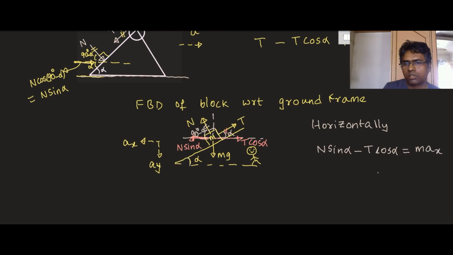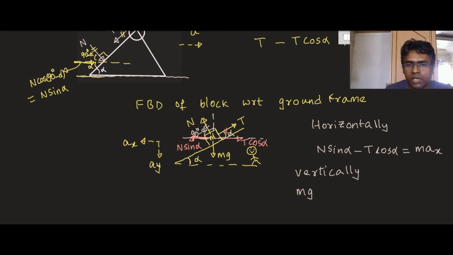Now let us do the same thing vertically. Vertically, obviously the block is going down, so mg is dominating. So we're going to take the downward direction as positive. So I have mg. And then what forces do I have in the upward direction?